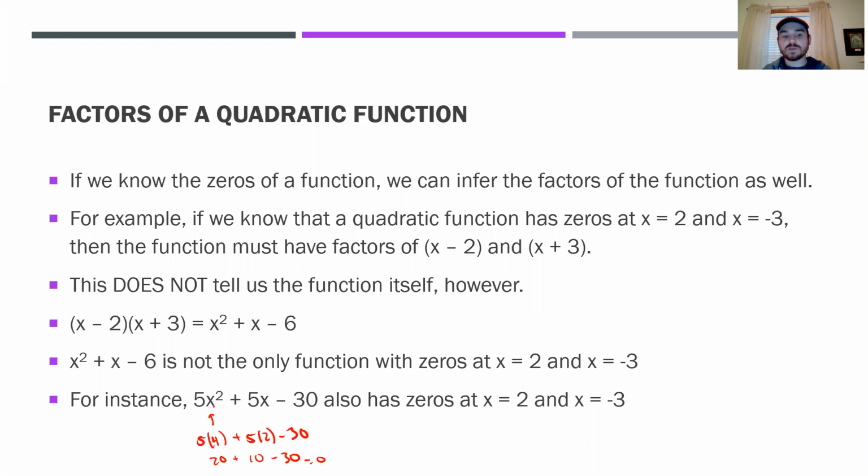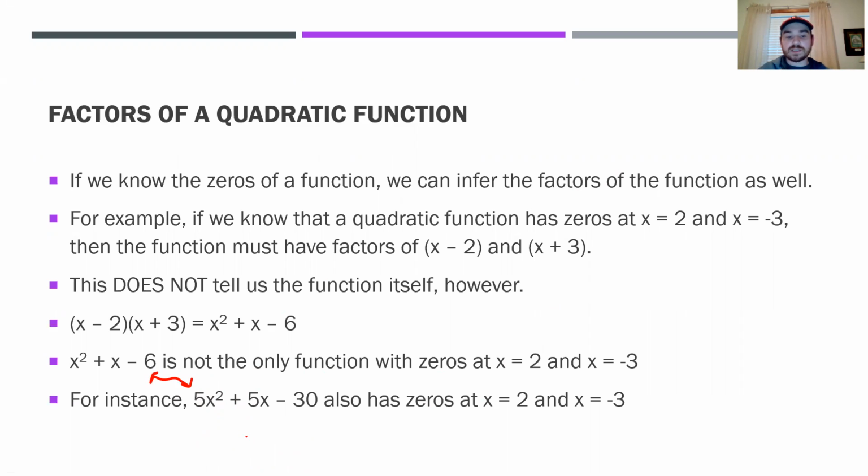With negative 3, you'd get x squared being 9, 9 times 5 is 45, minus 15, minus 30, minus 15 and minus 30 combined for minus 45. You have 45 minus 45, that's 0. So these two functions are both possible if we're just given the zeros, 2 and negative 3.